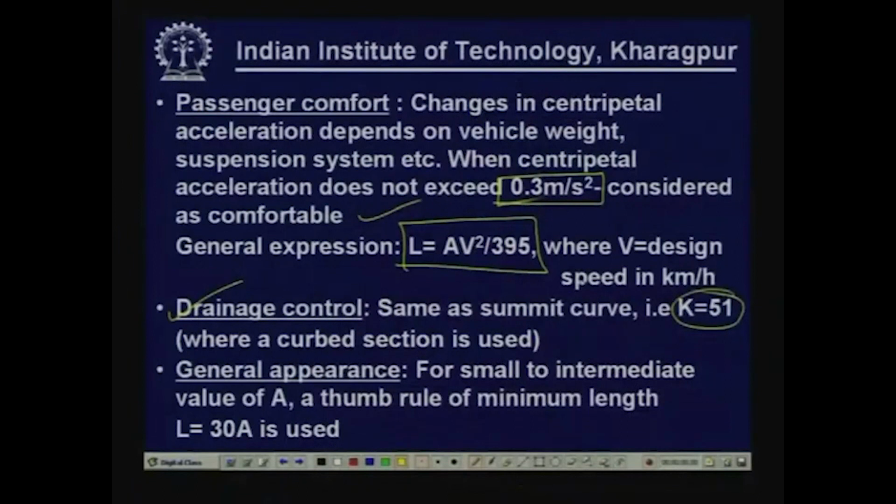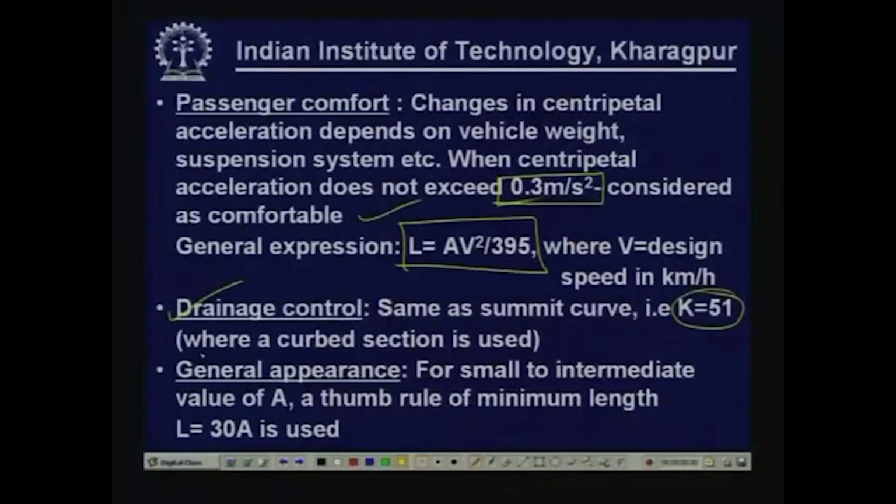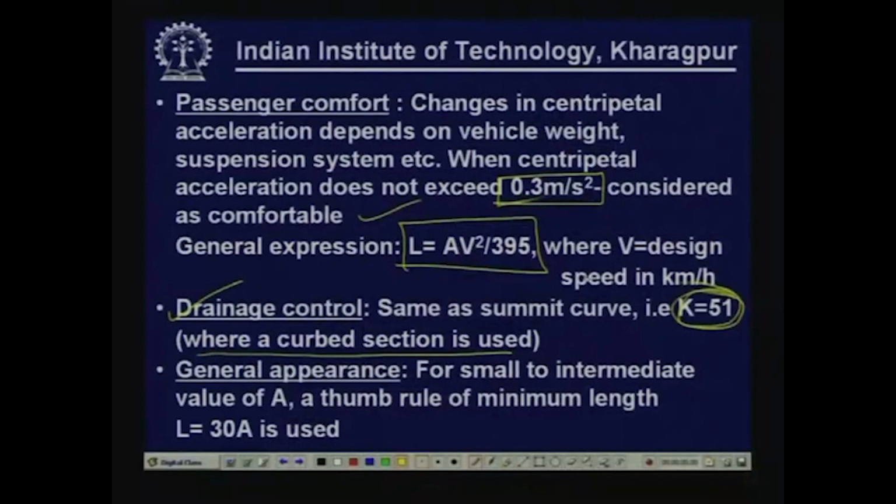For summit curves also, K equal to 51 presents a kind of limit, although we can go beyond that. This is particularly for curbed sections, because in curbed sections the water cannot go directly onto the shoulders. So, especially for curbed sections this is important.